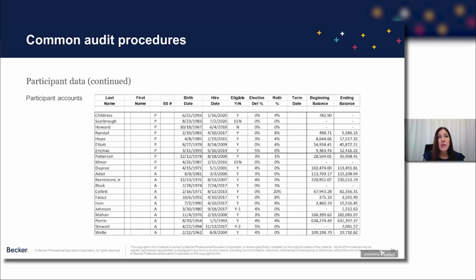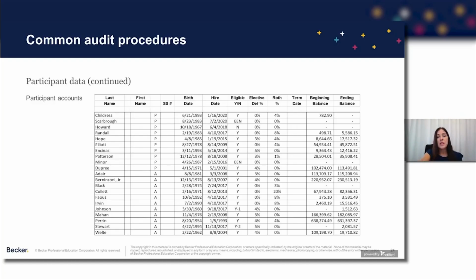And my suspicion when that happens is if they're told by the DOL or they're told by a peer reviewer that they have to send a confirmation, I'm a little bit suspicious that they really didn't do any work. Because if you're doing this detailed work and agreeing it to supporting documents, then you don't have to send a confirmation. But the bottom line is this information has to be tested in some manner.